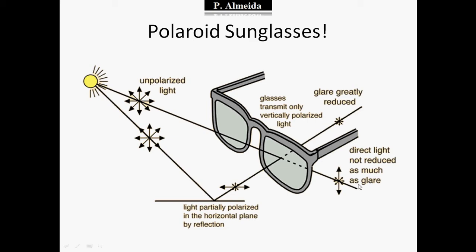You can reduce a little bit of the intensity or the glare, but the best way is when light hits a surface, it gets reflected into one plane, in this case the horizontal plane, and then when it gets to the sunglasses, they only let through vertically polarized light, so the glare is greatly reduced, okay? So Polaroid sunglasses help you a lot with waves reflected from water or a surface, not so much if you look directly into the light. That's how they work: by polarizing the light waves and therefore reducing the intensity of the light.